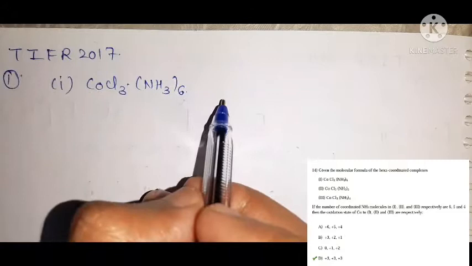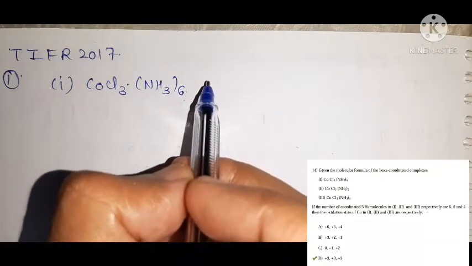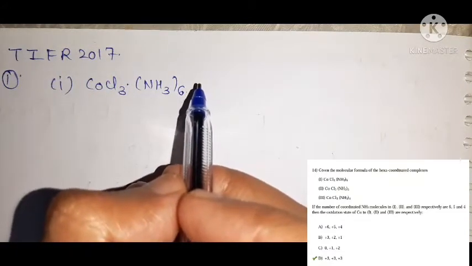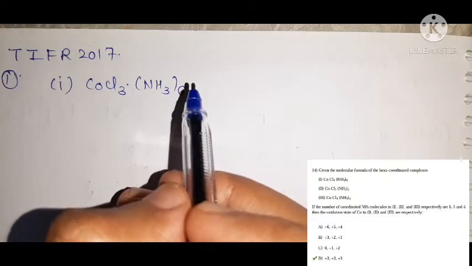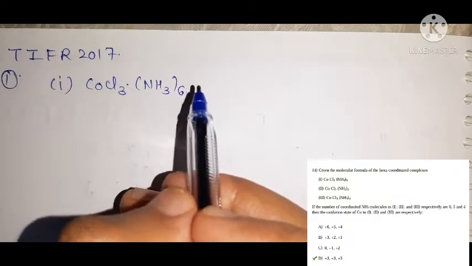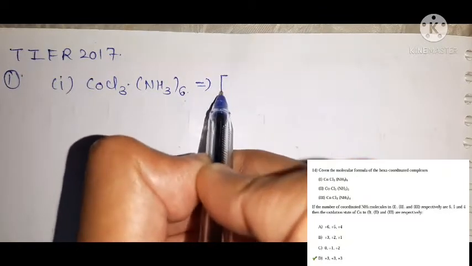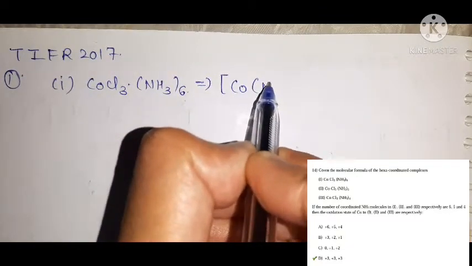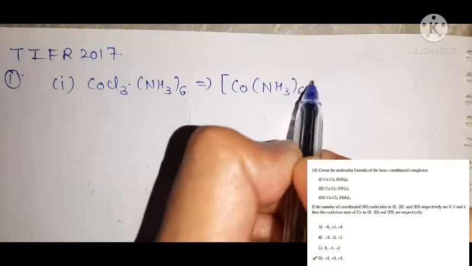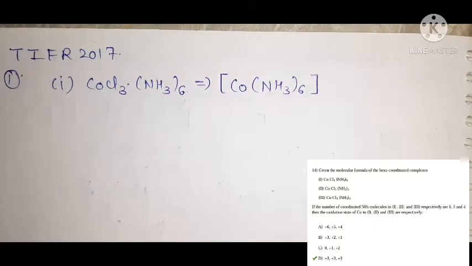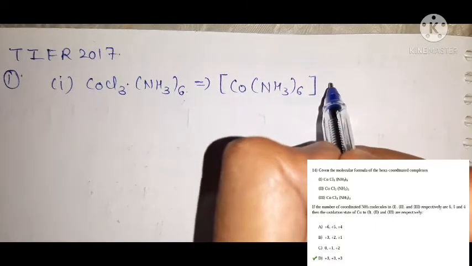So in this molecule, the coordinated NH3 molecules, that means the molecules attached with cobalt, are 6. So their formula is Co(NH3)6.